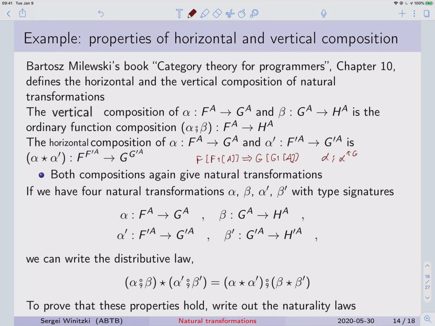Or you could first transform with alpha prime lifted to f, so that gives you f of g prime, and then you transform with alpha. But these two are equal because of naturality, so it doesn't matter how you implement it.